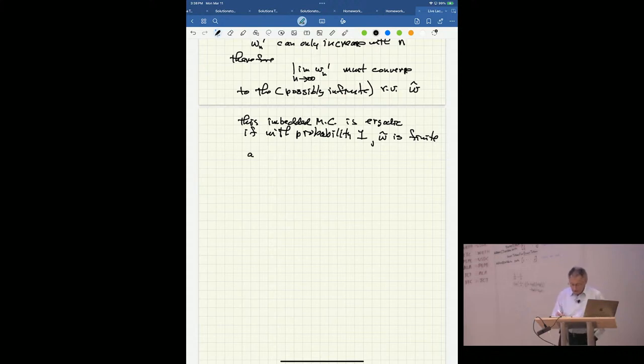And if so, Wn prime and Wn both converge to W, the thing we're after, the waiting time random variable.